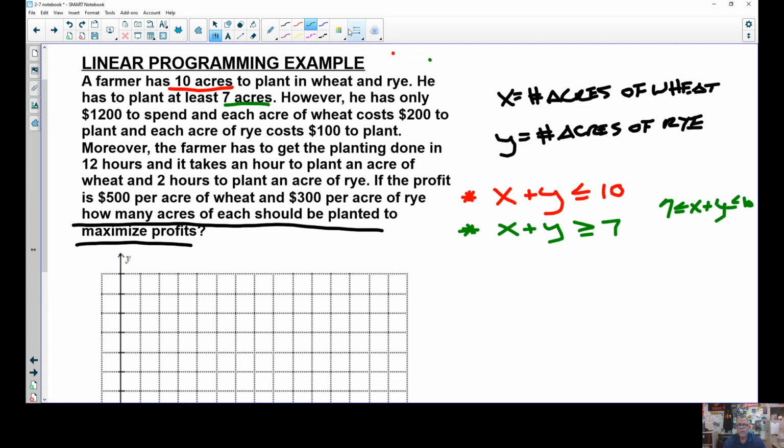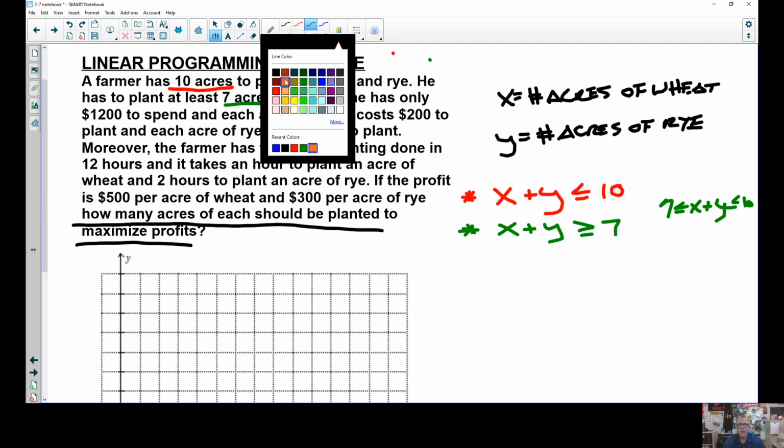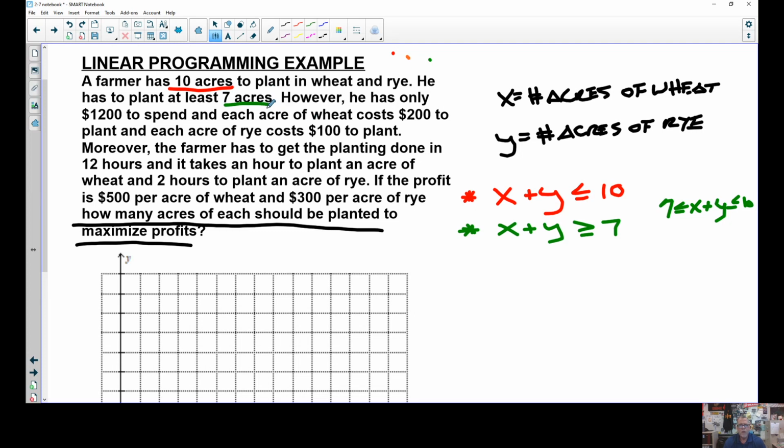All right, so again, I'm going to change color just to get something. All right, so now, however, he has only $1,200 to spend, and each acre of wheat costs $200 to plant, and each acre of rye costs $100 to plant. So we got the cost of wheat to plant per acre. We got the cost of rye to plant per acre, and we've got the total amount he can spend to do this.